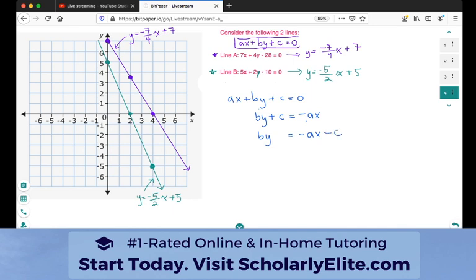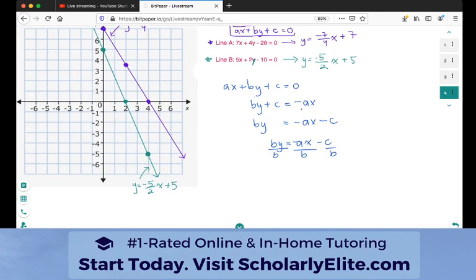And then basically we want to divide off the b term, because we want y to be by itself. So we just divide b, divide b, divide b. This is what we call an algorithm. These are the steps you are supposed to be taking when you convert from standard form to y equals mx plus b form. You move everything over, and then you divide off the number that's in front of y.